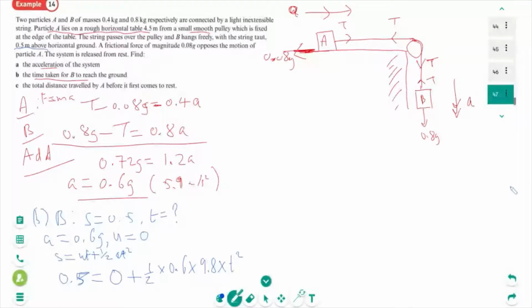If you solve that equation, t equals about 0.41 seconds. Okay, any questions on part B?